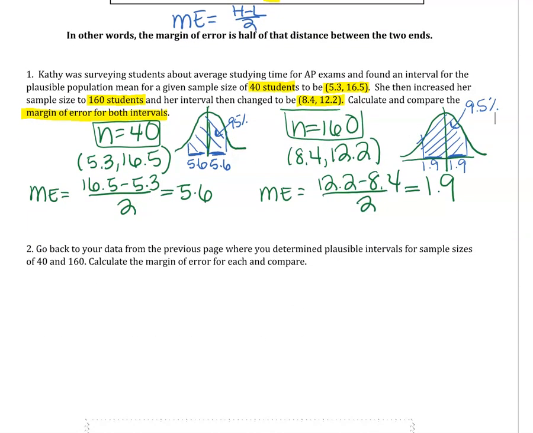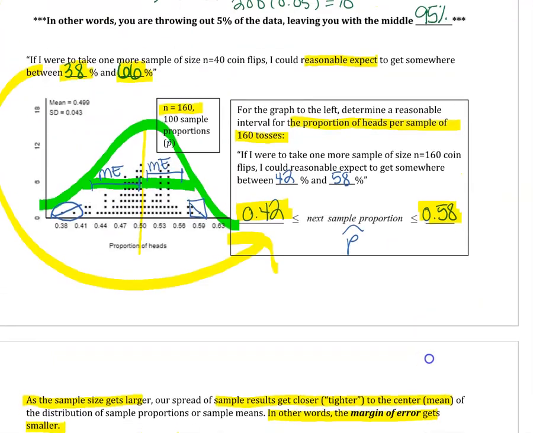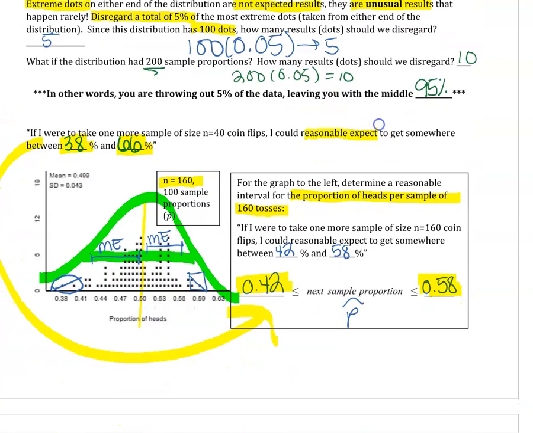So now I'm going to go back to my data from the previous page where I determined the plausible intervals for sample sizes of 40 and 160 and calculate the margin of error for each of those. Okay, so on the previous page for n equals 40, my plausible interval was between 38 and 66.